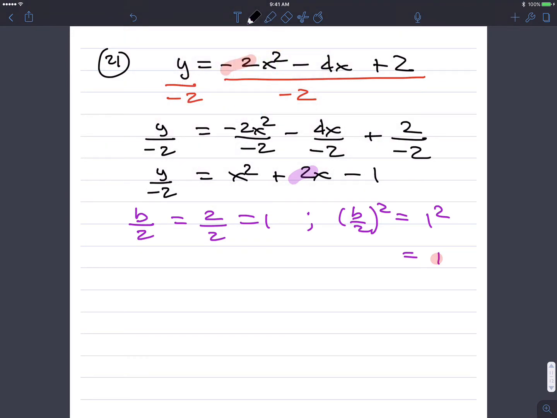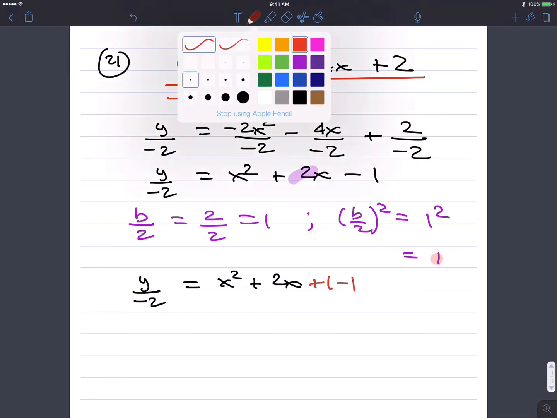So we get y over negative 2 becomes x squared plus, well, let's write this lower. y over negative 2 is x squared plus 2x plus 1 minus 1.